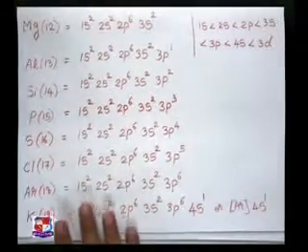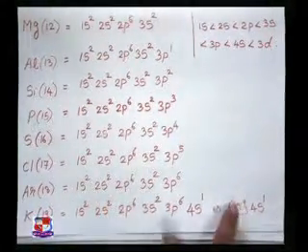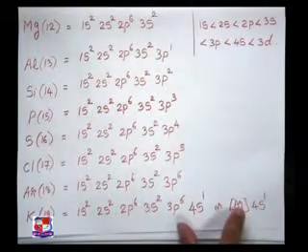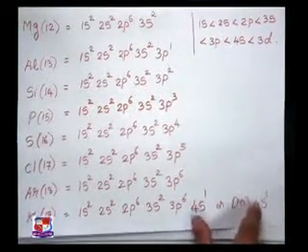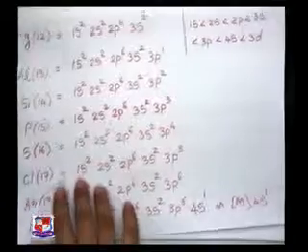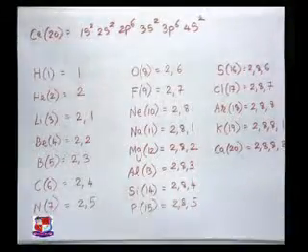So we write 4s1, or you can write the configuration as [Ar] 4s1, which is also right.